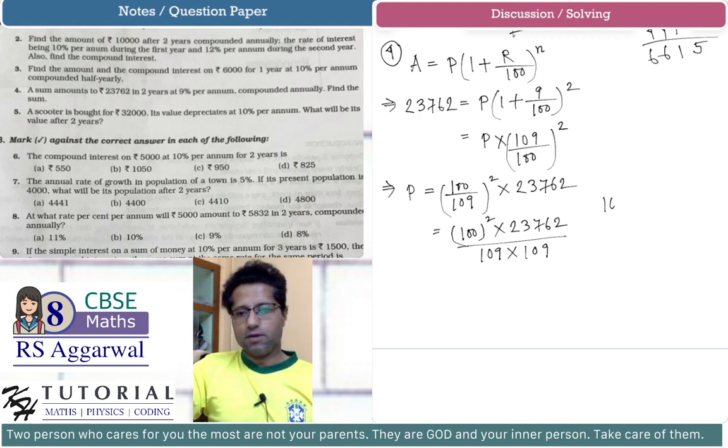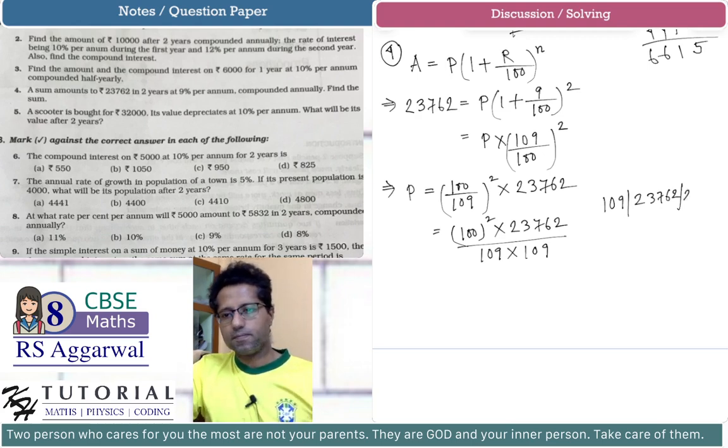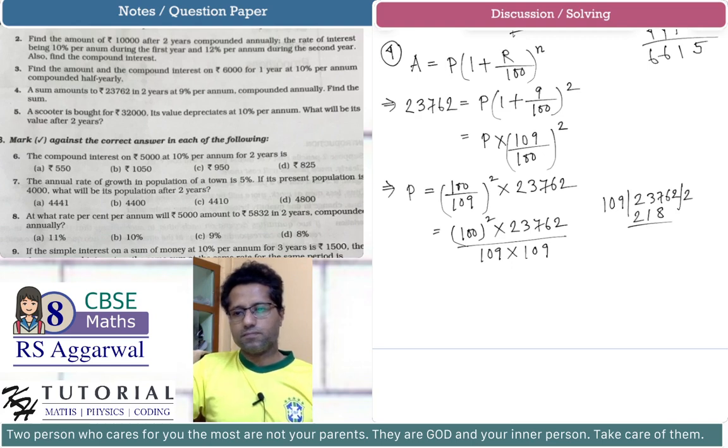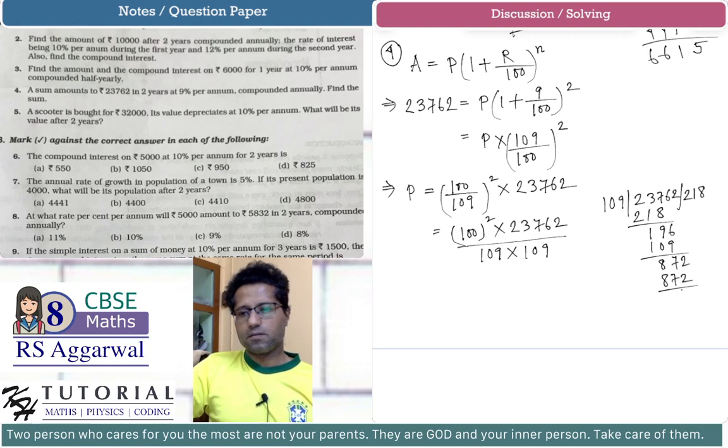Let's try to see if 109 divides 23762 or not. 109 times 218 is 23762, and of course 109 divides 218 with 2.